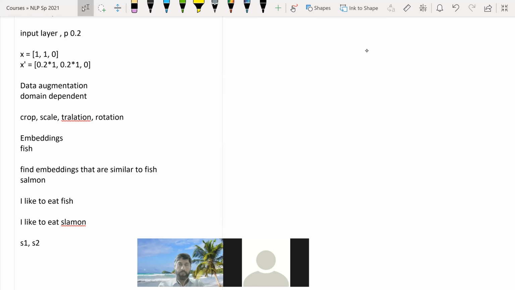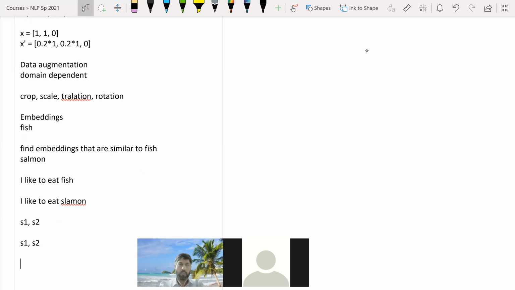Paraphrase, of course, means that you have said the same thing in a different way. In paraphrase detection, you can also do augmentation by looking at the graph of relationships between paraphrases. Let's say S1 is a paraphrase of S2, and later we also know that S2 is a paraphrase of S3. Okay? And these two examples were in your training data set.